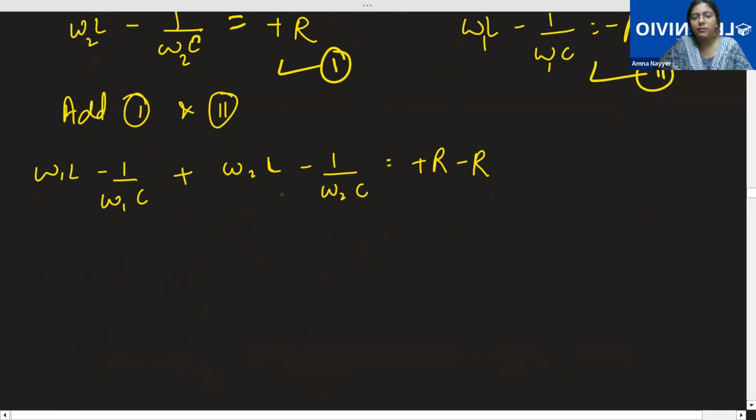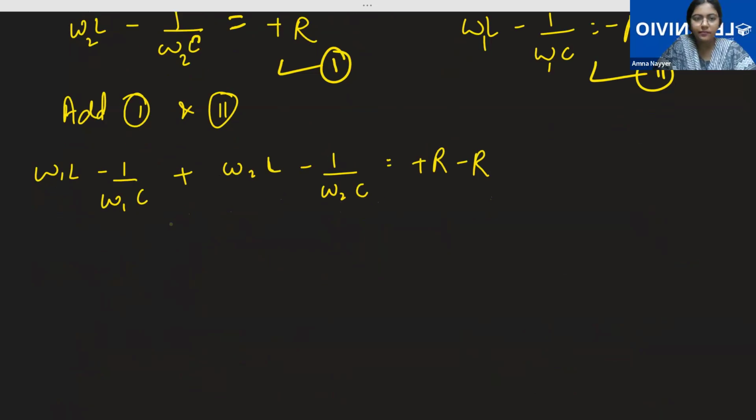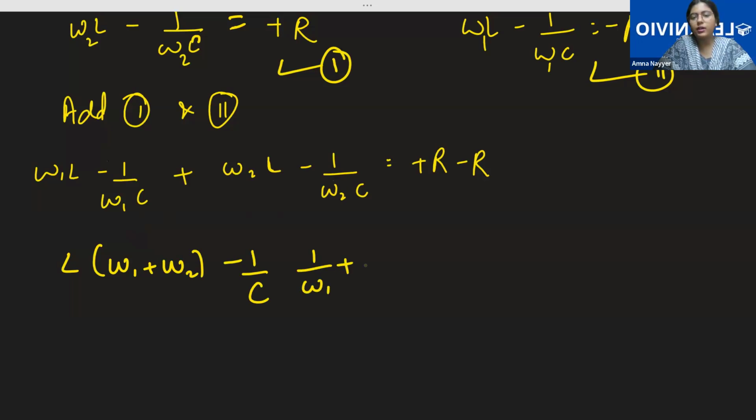Omega 1 L minus 1 by omega 1 C plus omega 2 L minus 1 by omega 2 C. From here, let's take the inductance L common. So this will be omega 1 plus omega 2. From the capacitance term, minus 1 by C, if I take it common, 1 by omega 1 plus 1 by omega 2 will be left. And this is equal to 0.